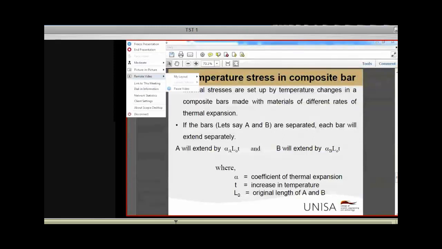So what we need to take note of in this case is that for a bar A, for example, the extent of deformation, the extent of changes that will happen based on the temperature, will be the coefficient of thermal expansion of that material multiplied by the original length of that material and the change in temperature, either an increase or decrease in temperature. And then material B will extend by the coefficient of thermal expansion of that material, the original length, and the change in temperature of that material.